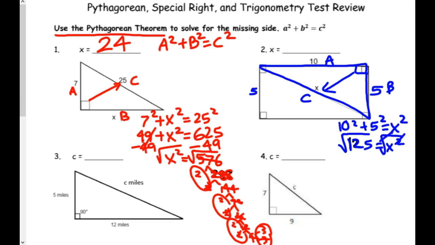So what is the square root of 125? Well, 2 doesn't go into it, 3 doesn't go into it, but 5 goes into it. 5 times 25, and then 25 breaks down into 5 times 5. That gives you one pair of 5, one loner 5, so my answer would be 5 square root 5.